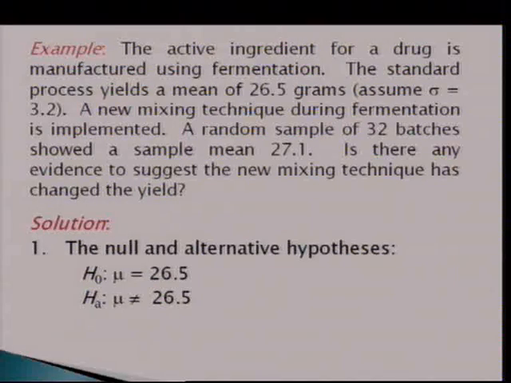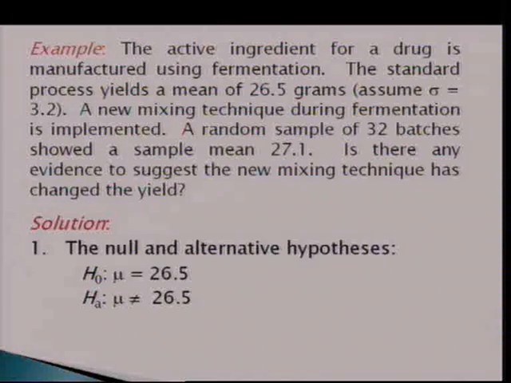Now let us go for a two-tail test. The active ingredient for a drug is manufactured using fermentation. The standard process yields a mean of 26.5 grams. Assume the standard deviation is 3.2. Here the standard deviation is given to us. Now a new mixing technique during fermentation is implemented.